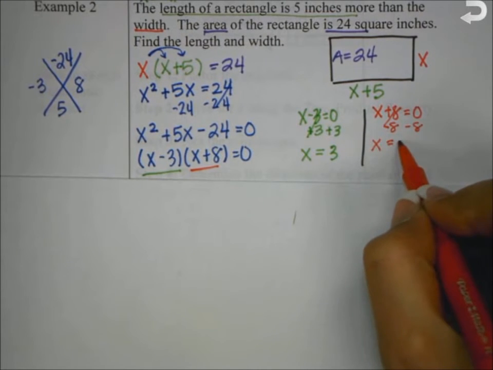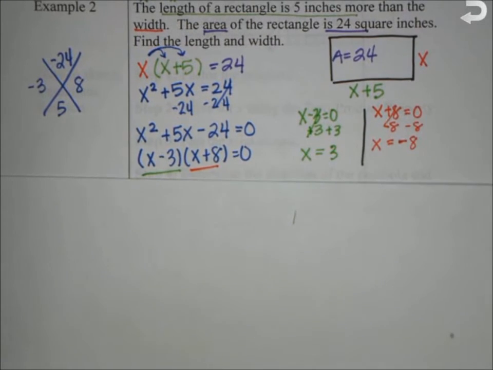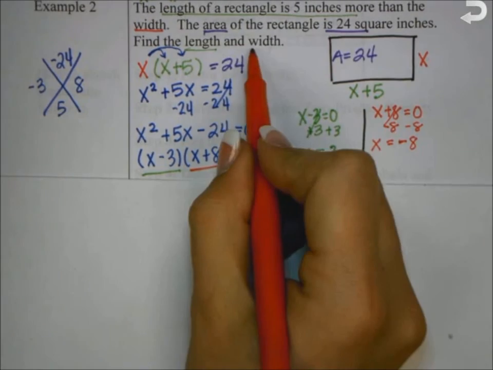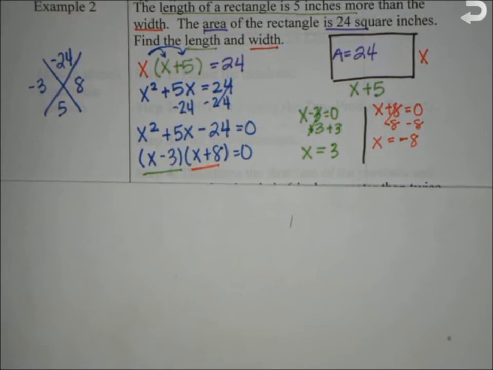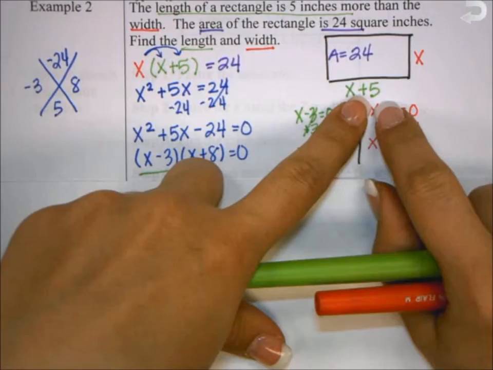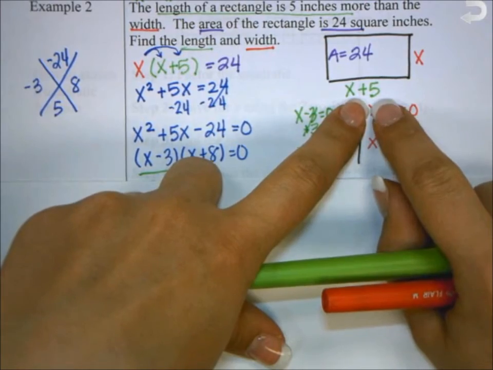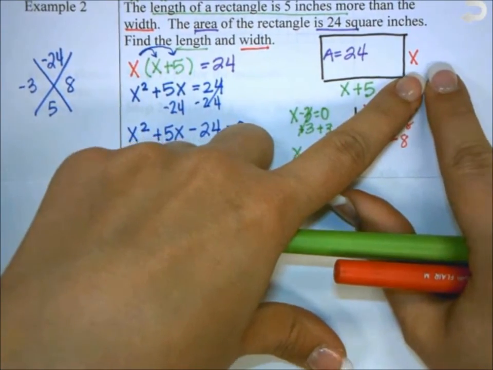Okay. Let's think about this now. We are asked to find the length and the width. My length is x plus 5, correct? My width is x. One of these answers does not make sense to me.